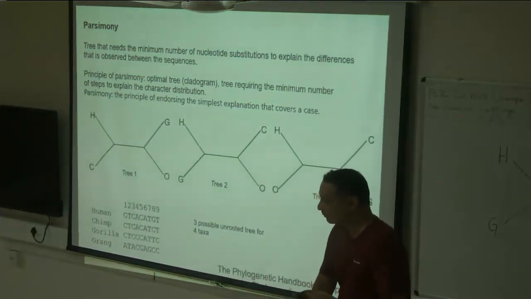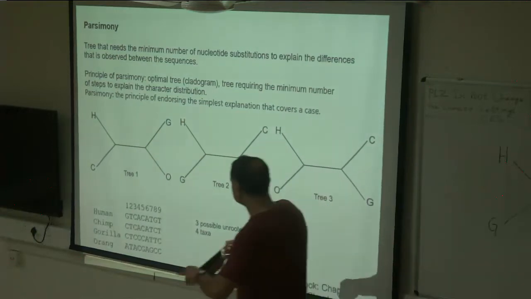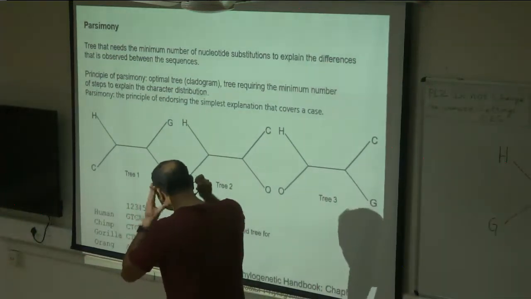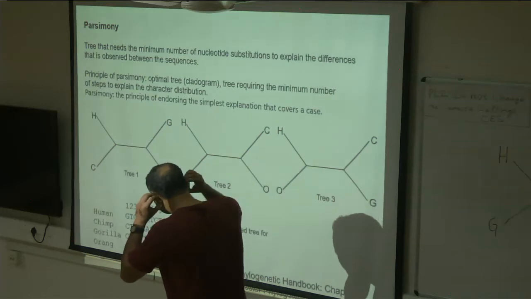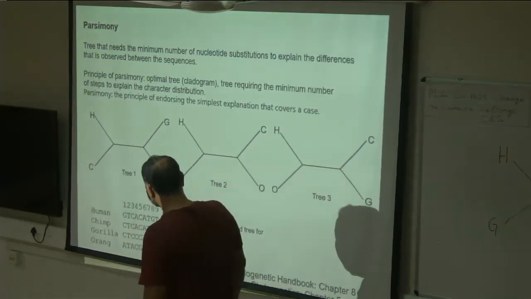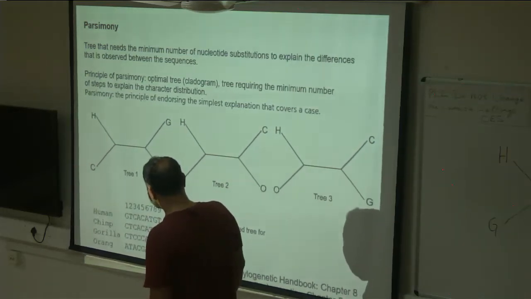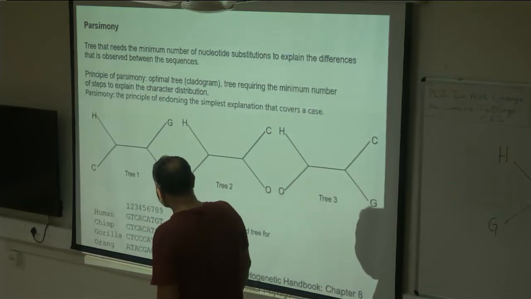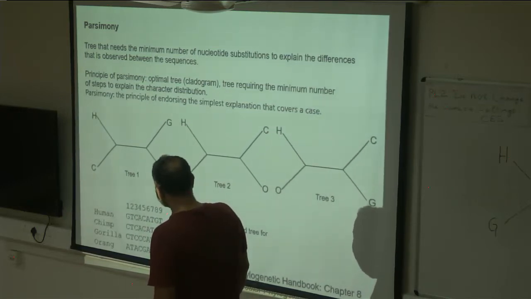The character 4 has equal possibility for tree 2.